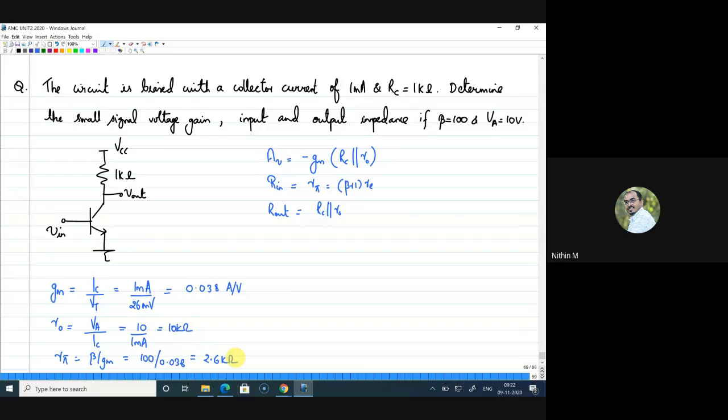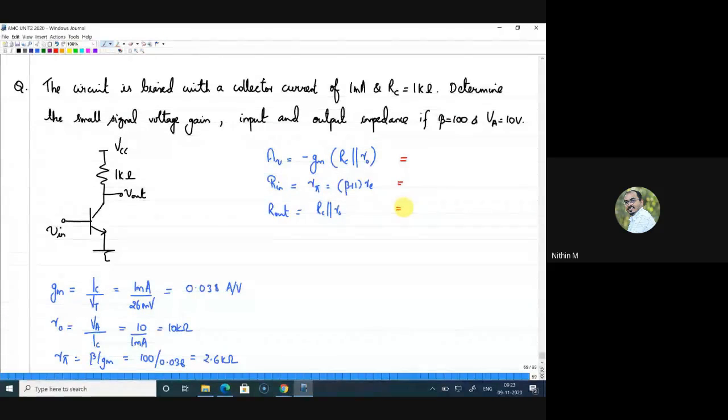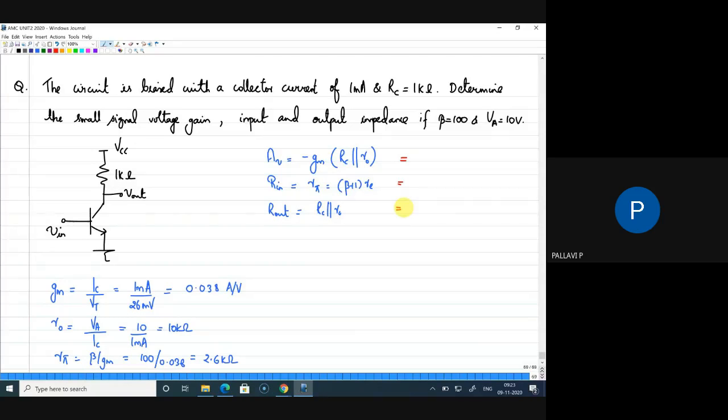With all these three values, you can write the values for AV, RIN, and R out. Everyone can do the calculations and post your answers in the chat box. Pallavi? Yes, sir. Did you get the answer for voltage gain? I got it as minus 34.909.